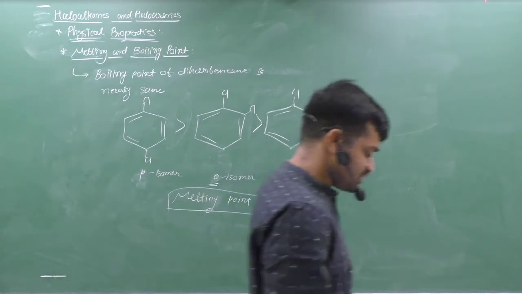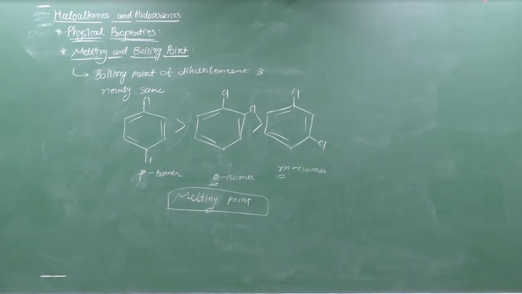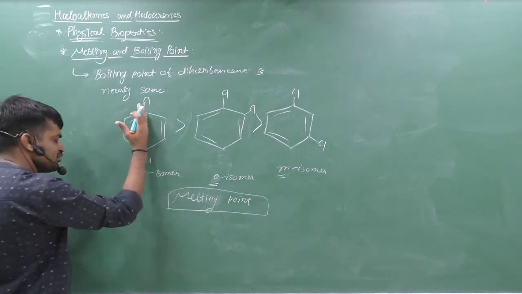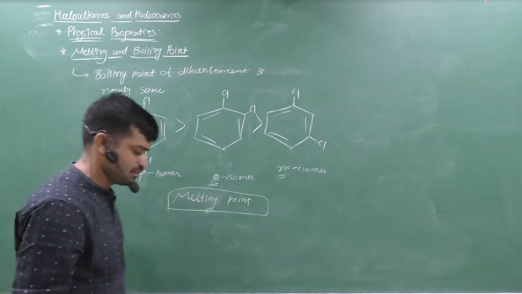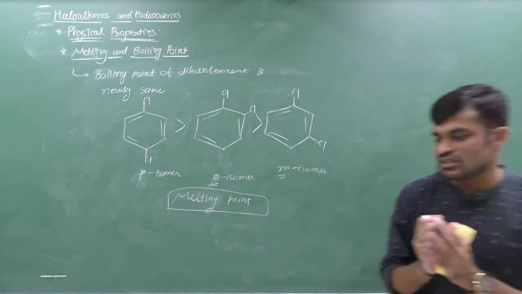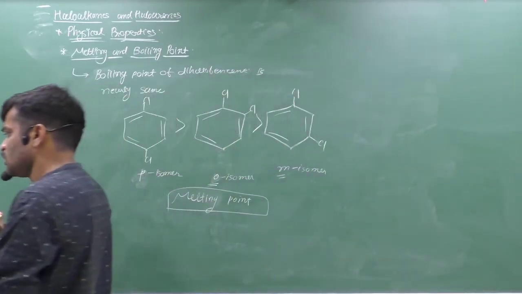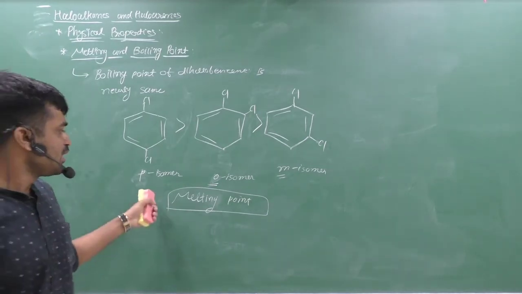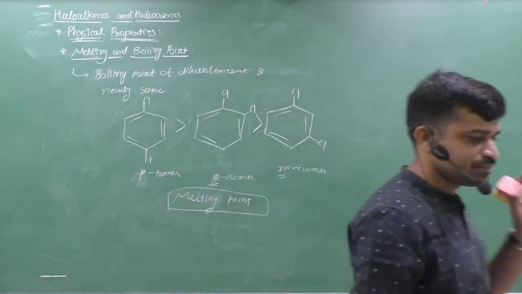The reason behind this is that the para isomer has a very symmetrical structure which fits exactly in the crystal lattice, forming a very strong lattice. To break it, we require the maximum energy. Therefore the melting point of the para isomer is higher.